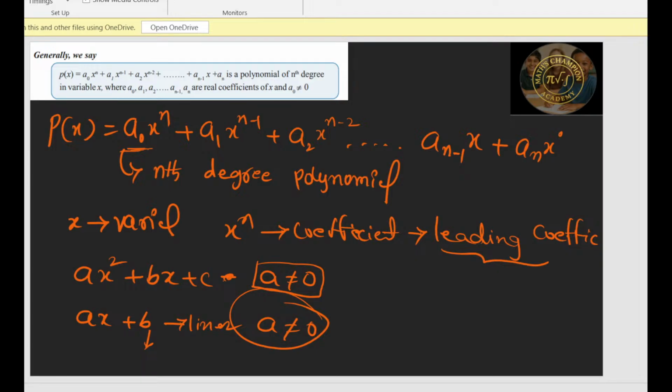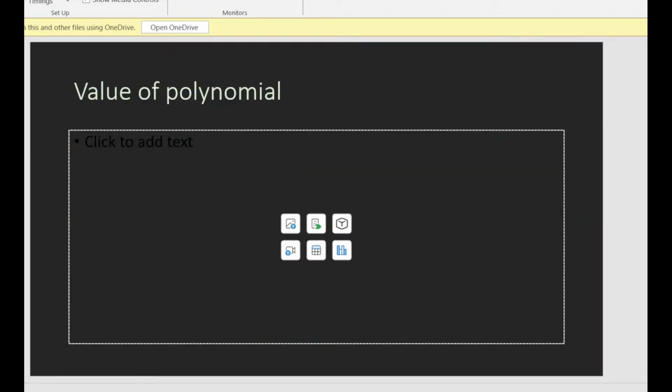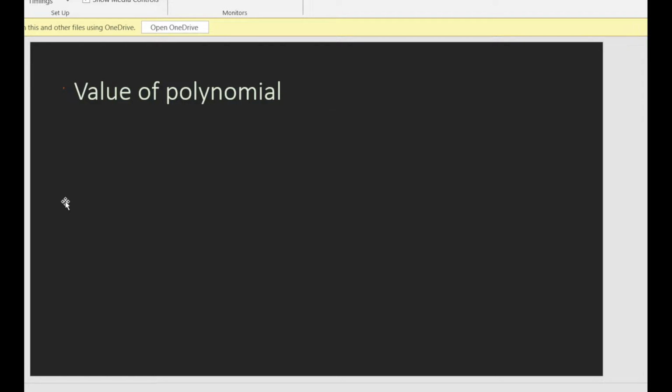Now look at the value of polynomial. What is the value of polynomial? For example, any polynomial p of x, for example 3x plus 1. If you are finding the p of k value, that we call the value of polynomial.